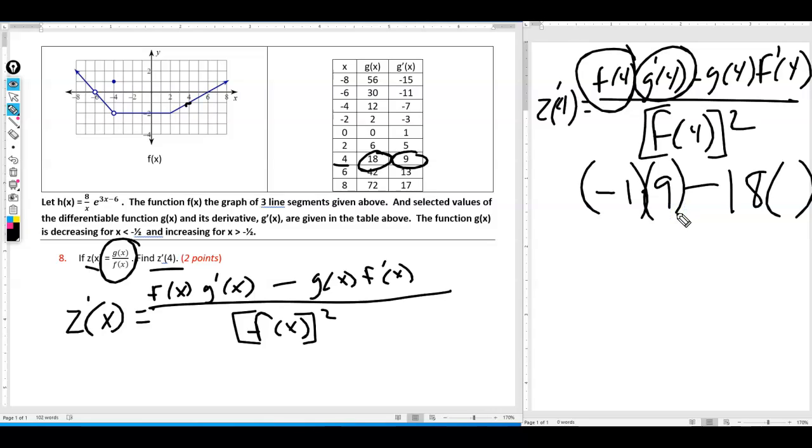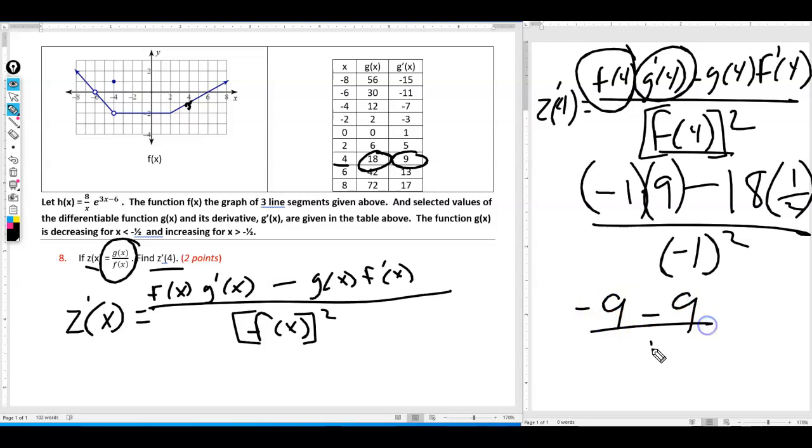And then f prime of 4, that means what's the slope of the line there at x equals 4, and it's the same thing it was earlier. It's over 2 up 1, so it's a half. Over f of 4 squared. F of 4 we said earlier is negative 1. So what we have here is negative 9 minus 9 over 1, which is negative 8.